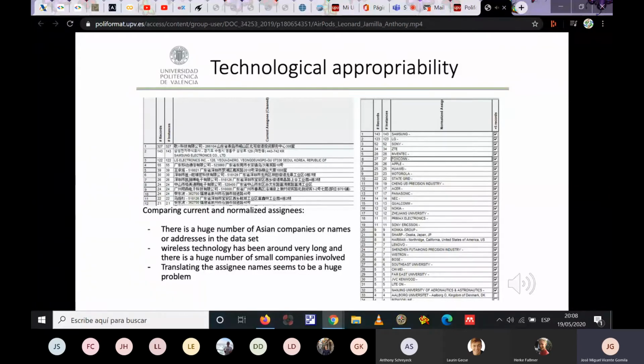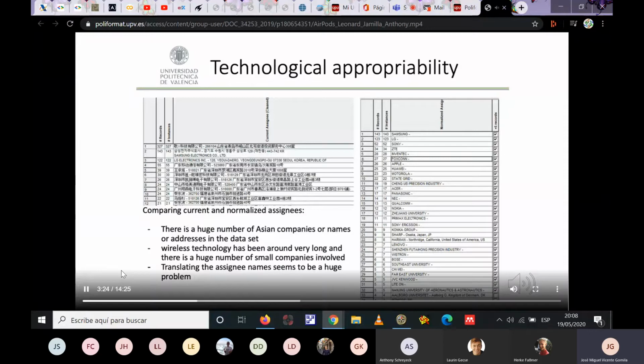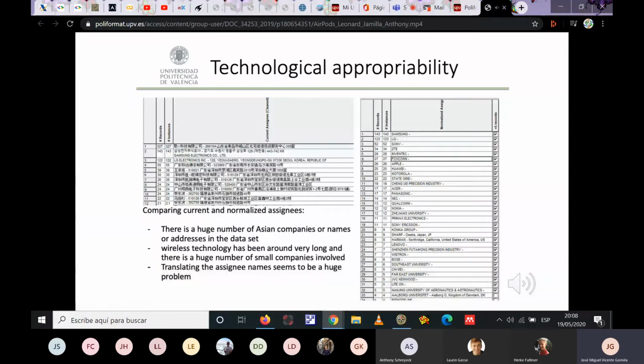It's not a new technology, so it's no surprise that there are smaller companies that have filed for patents also. But as you can see, if you use the normalized assignees, there is some overlapping, as Samsung and LG are in both of the tables. So we decided to not use the current assignees, but the normalized assignees due to language difficulties.